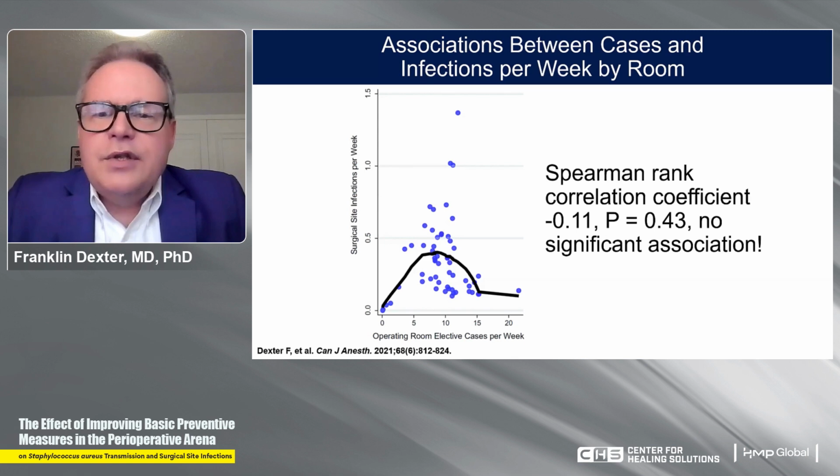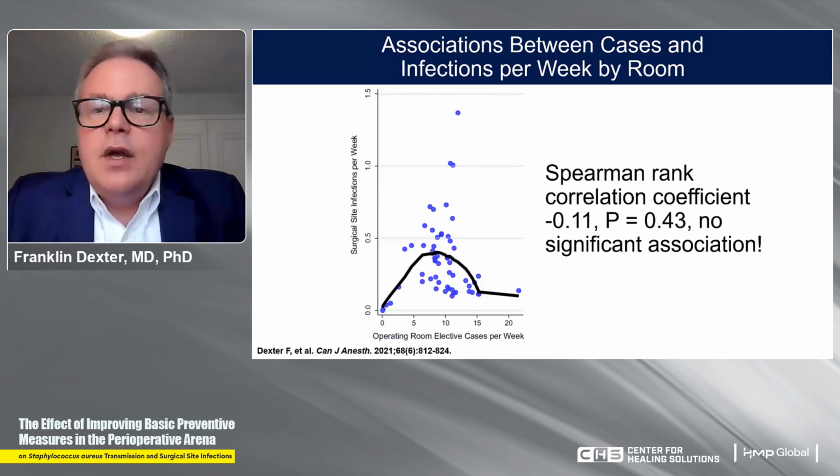So why are there so many more surgical site infections obtained from some operating rooms than others? If every room had the same incidence, by definition, the correlation would be the maximum of 1, between cases and infections. But there's overall no apparent correlation between more cases in an operating room and more surgical site infections.